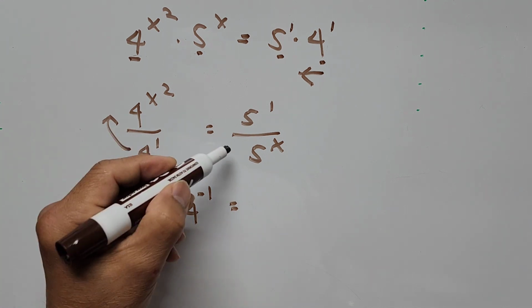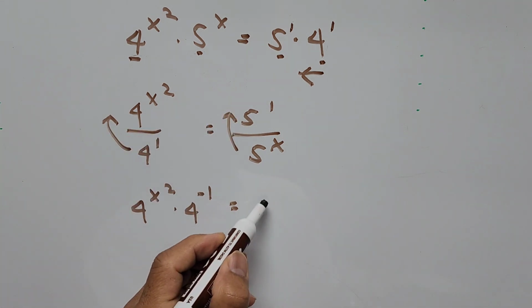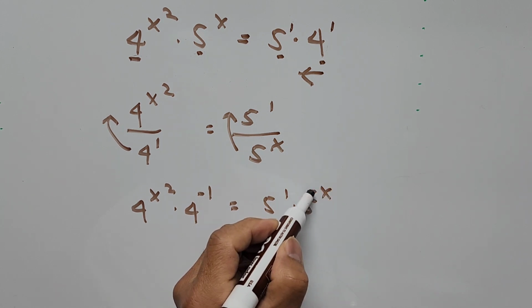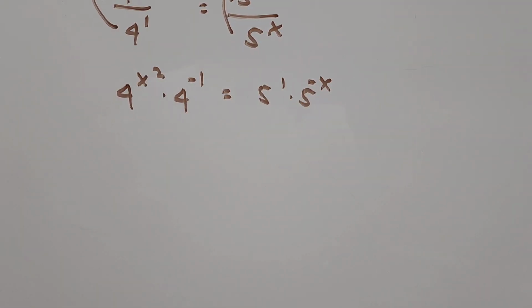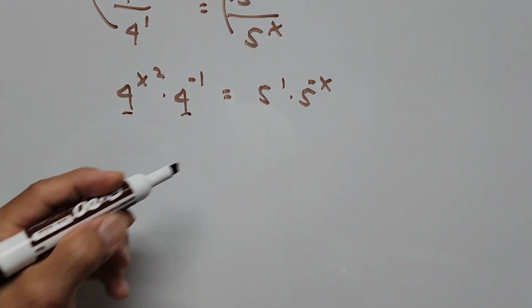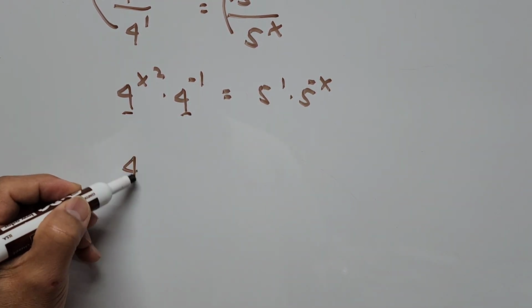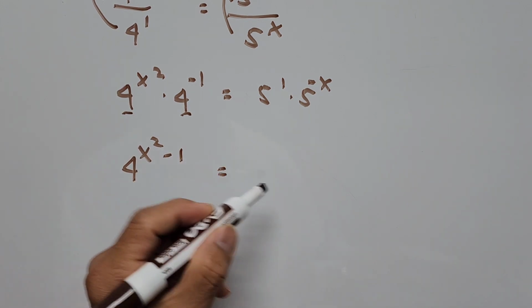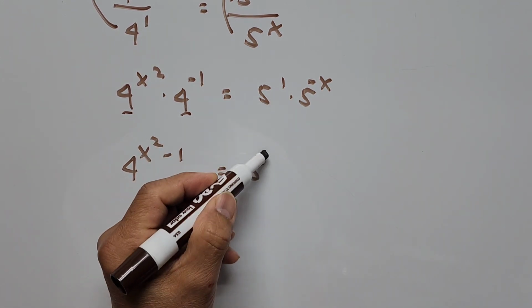The same thing on the right-hand side, 5 to the power of 1 times 5 to the power of negative x. From here we can now combine the bases, so we have 4 to the power of x squared minus 1 equals 5 to the power of 1 minus x.